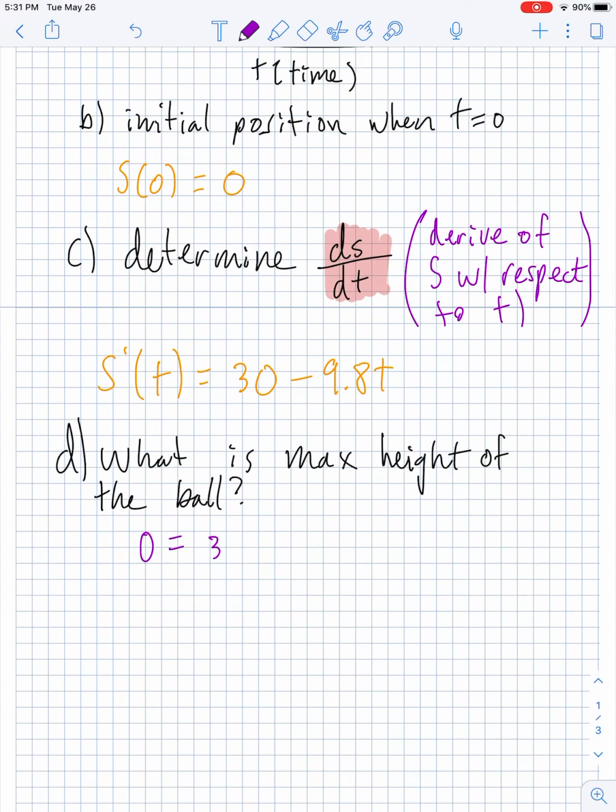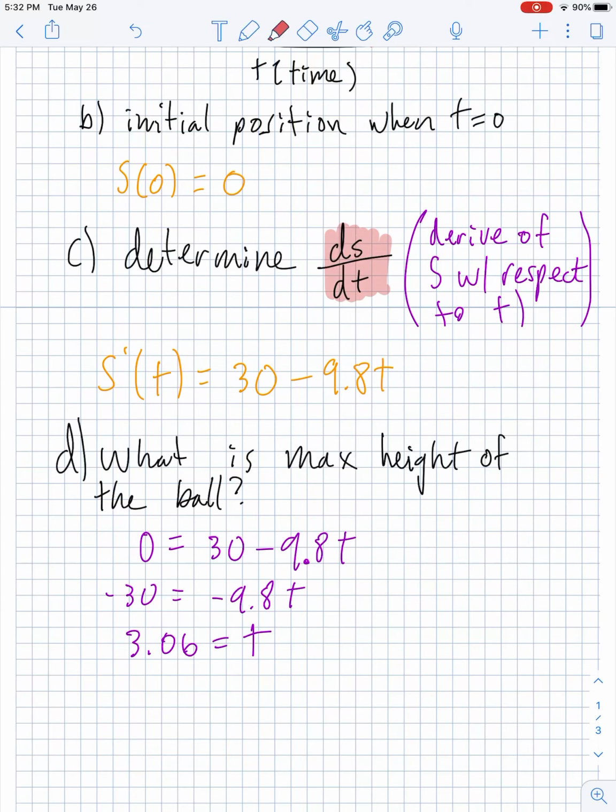So 0 equals 30 minus 9.8t. Solve this: subtract 30 from both sides, then divide both by negative 9.8, and we get 3.06. Now, what did we just find?